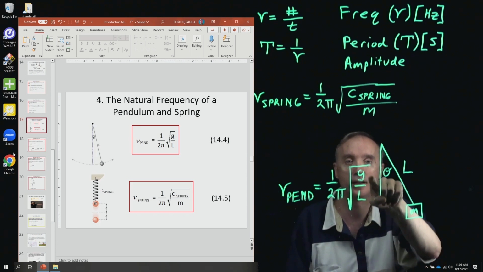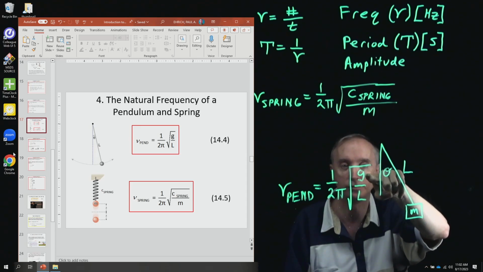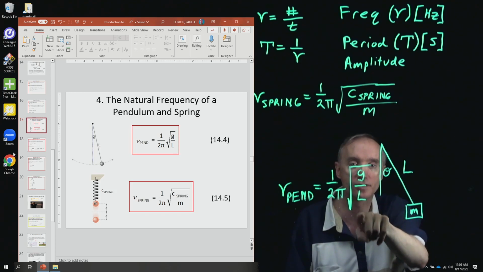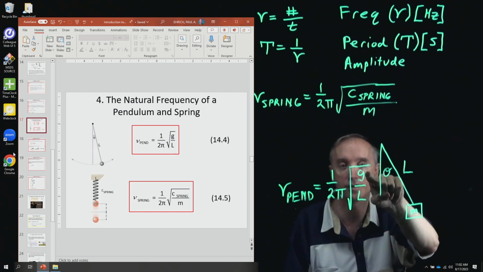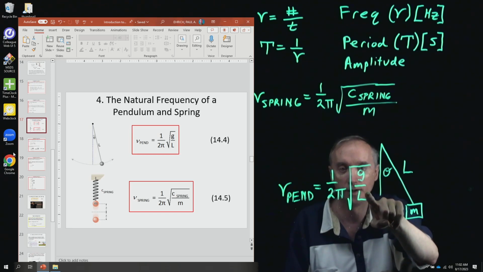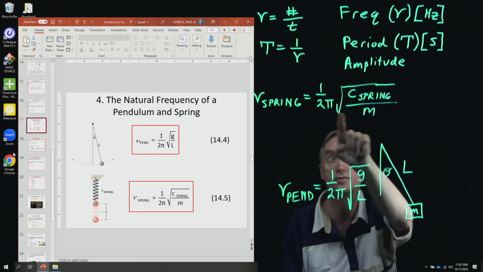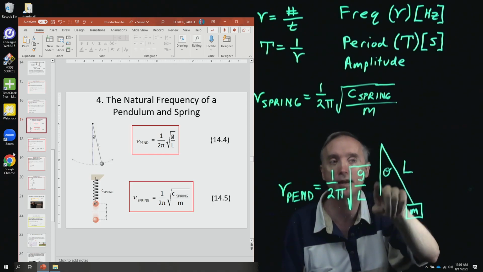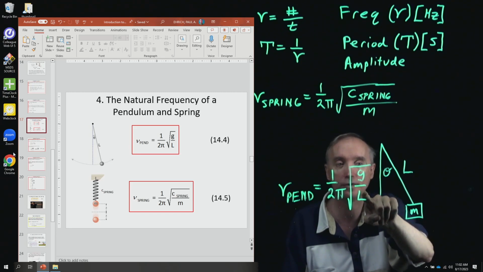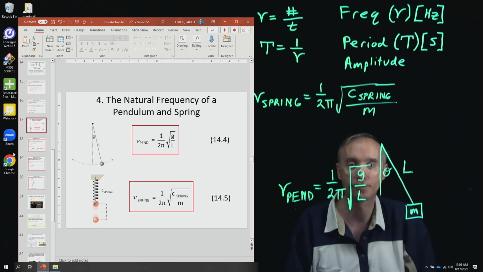Notice that it has a constant on the top, just like the one for the spring, and then it has some kind of a variable on the bottom. In the case of the spring, the mass was on the bottom, but in the case of the pendulum, it's going to be the length of the string.